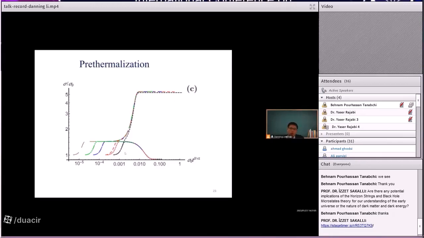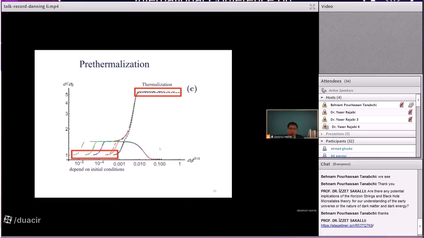For the early time, the results depend on initial conditions. But for the late time, all the curves merge together, and this is related with the thermalization.